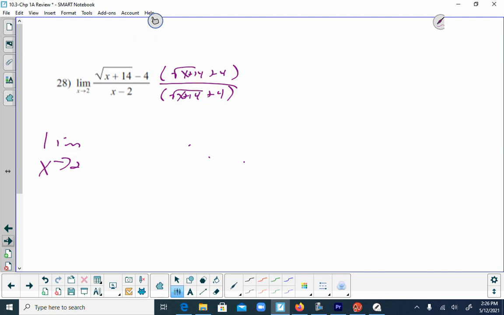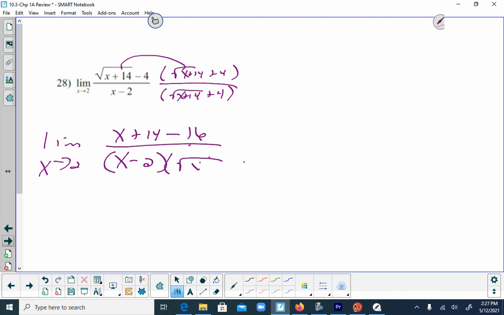This times this will just be x plus 14, and then the 4 times the 4 will be minus 16, all over x minus 2 times the quantity of the square root of x plus 14 plus 4.